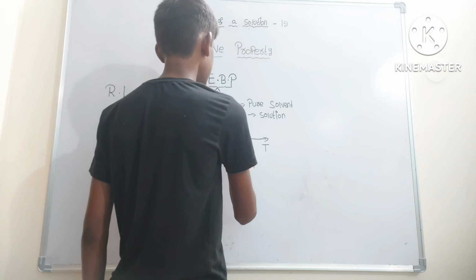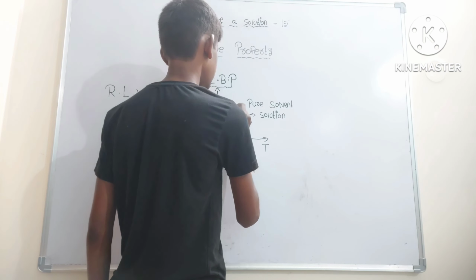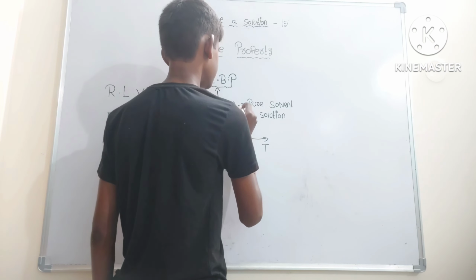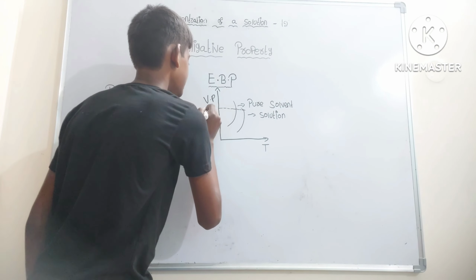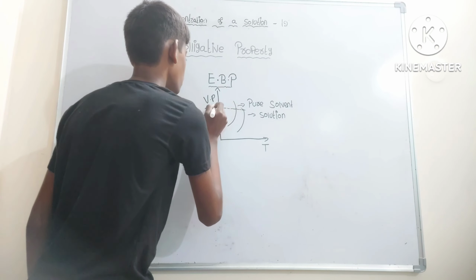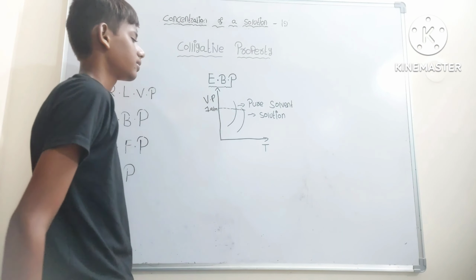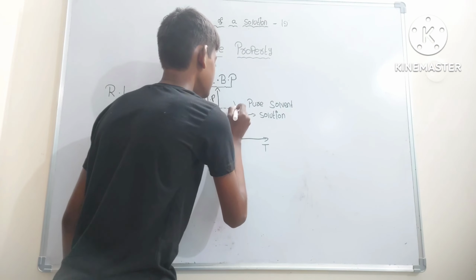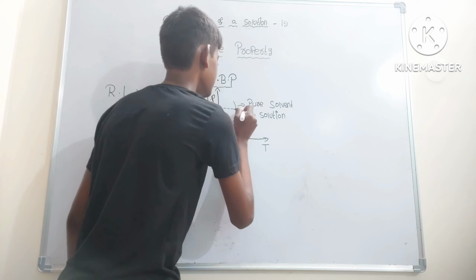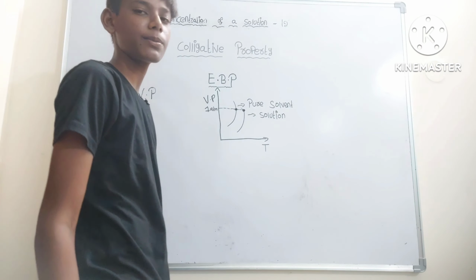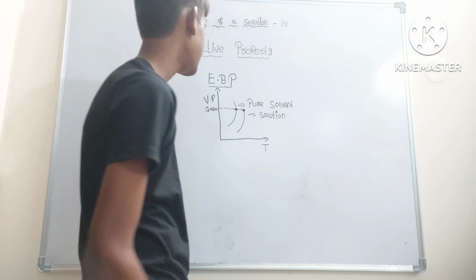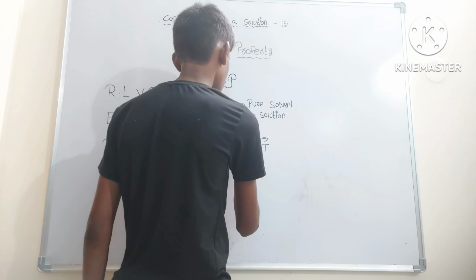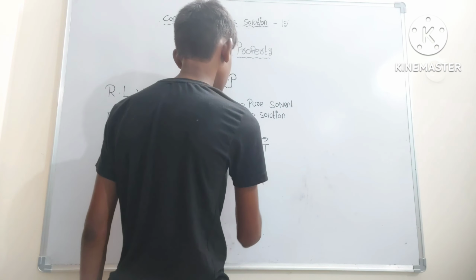If I draw a line here, this is the 1 atm line. Here the cut points will come. When the vapor pressure reaches the 1 atm line, the temperature at that point, what do we call it?